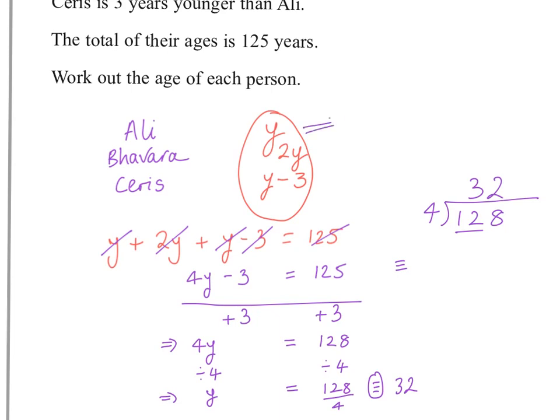So Ali in this case would be 32. Bavara would be twice as much, which would be 64. And then here, Cheris would be y minus 3, which is 32 minus 3, which would be 29 years old. And if you added all of those up, of course, you'd get your 125, which was indeed the total.